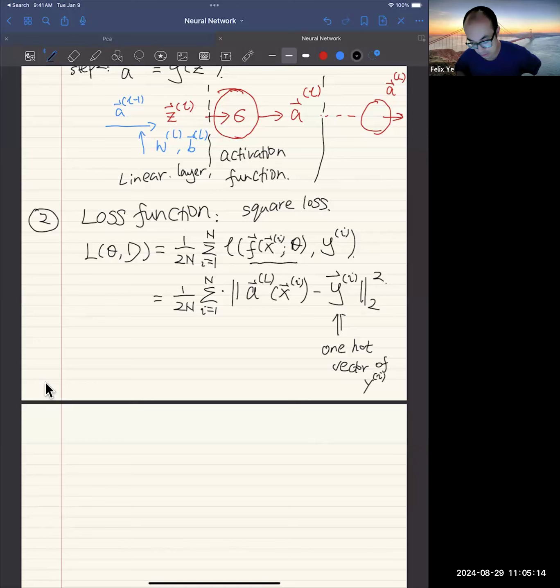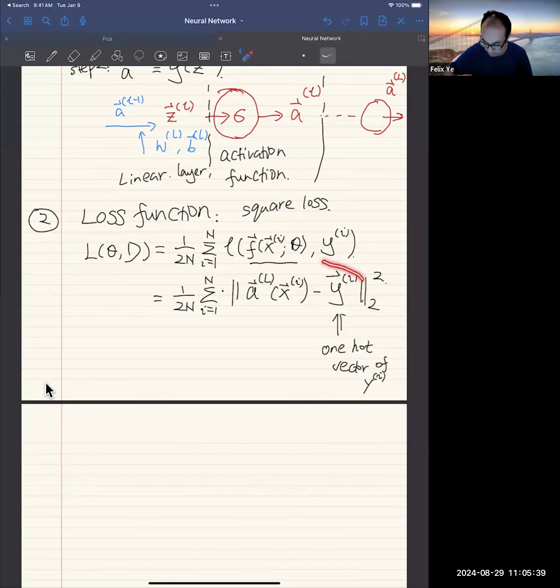So the key is we want to vary the weights of all these linear layers, and we want to minimize the difference between the network output at the output layer and the one hot vector associated with the training class that x_i belongs to.